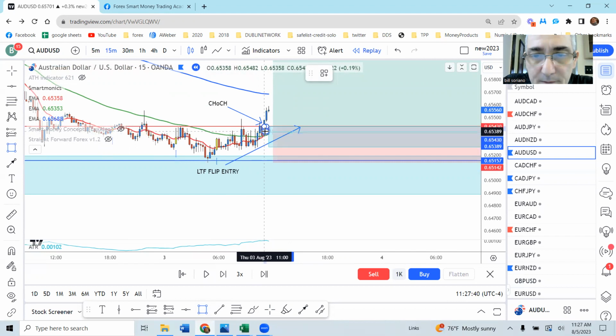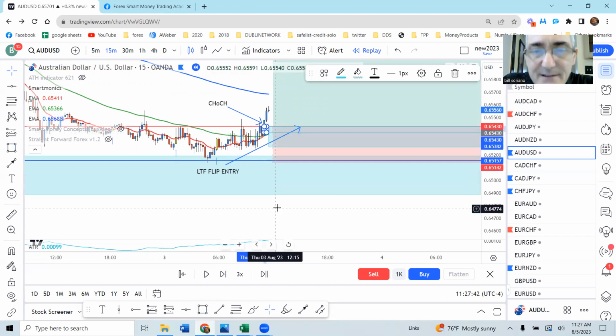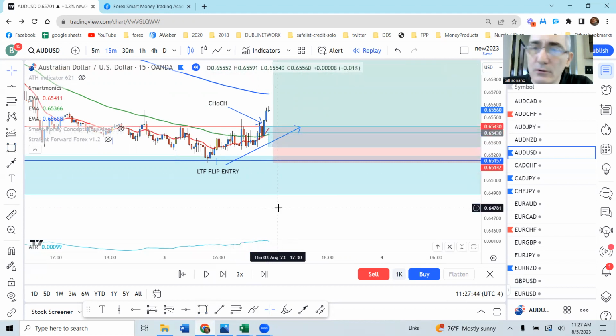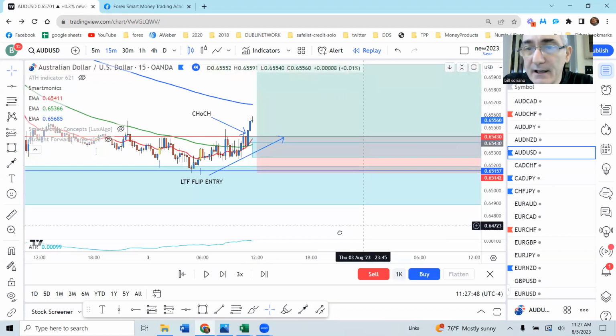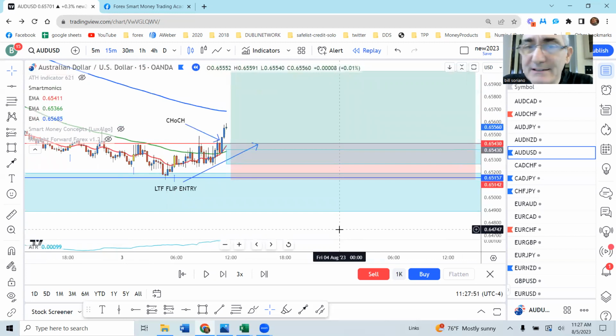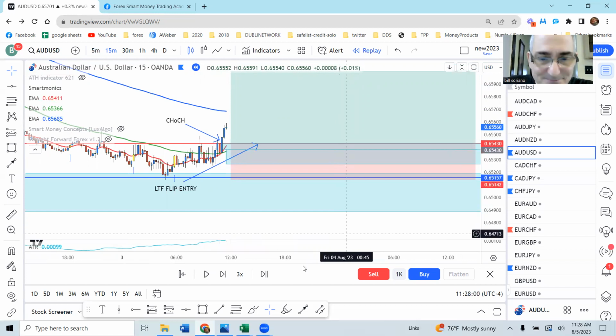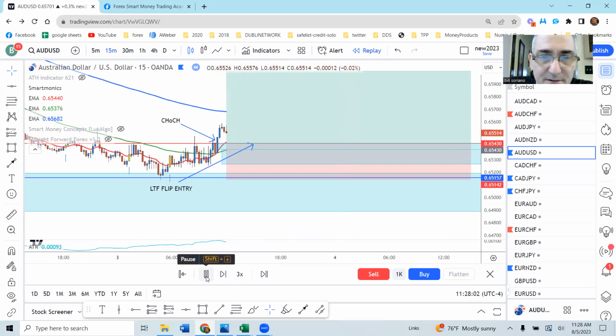Okay. So again, like I said, there's nothing wrong with using the lower order block. You just may or may not get in the trade. So you may miss some trades by identifying not necessarily the wrong order block, but the other order block, right? So let's see what happens.